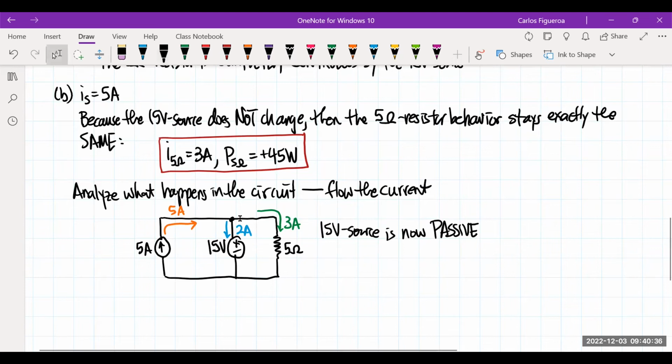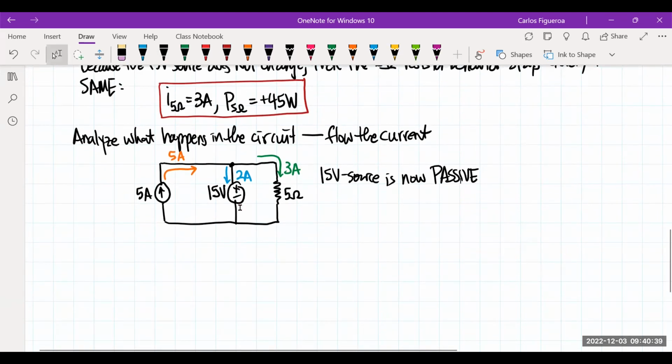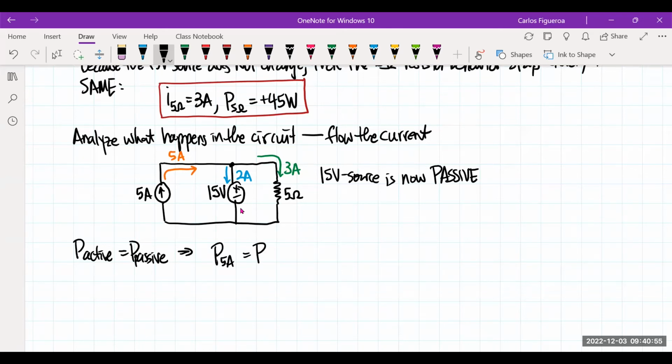So if I look at it energy-wise, this is what I see here. My active element must equal my passive element, which then tells me that the 5-amp source must now equal the 15 volts plus the 5-ohm. But we now know that there's 2 amps running through this thing.